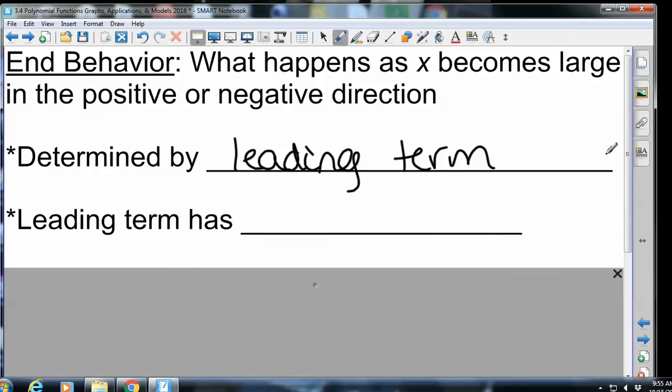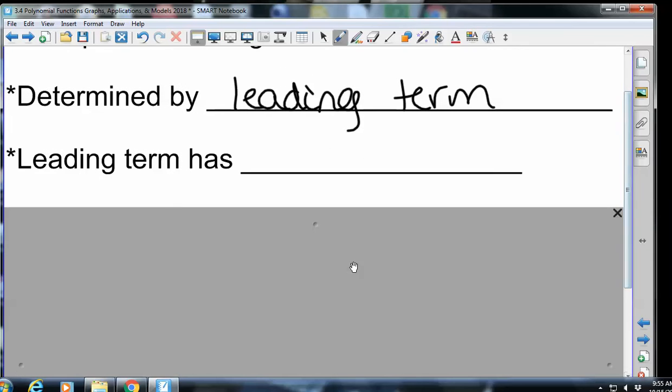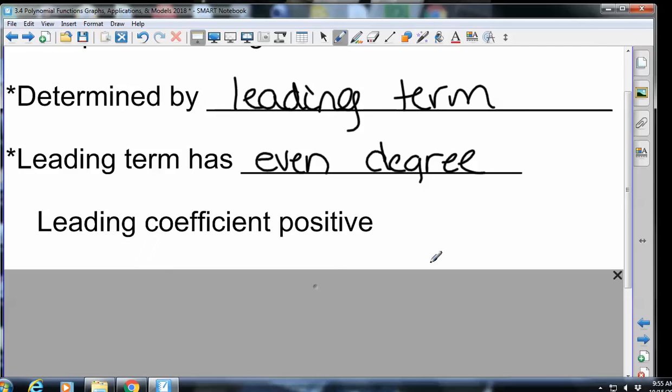Whether it's the first thing listed or not doesn't matter. You just look at the term with highest degree. If the leading term has even degree, that's when we said it looked like a parabola. So as long as it's a positive x squared, x to the fourth, our end behavior is up, up. Both ends are pointing up.